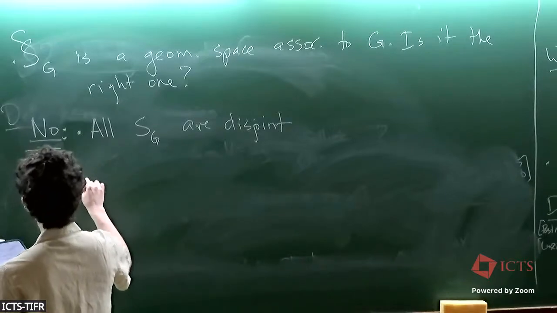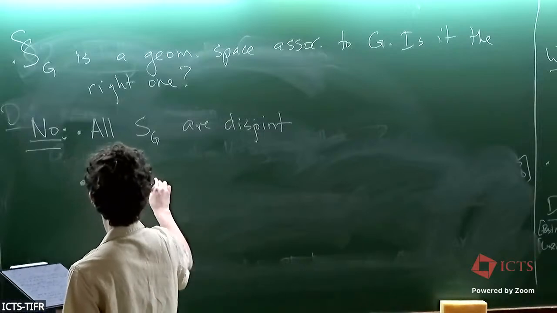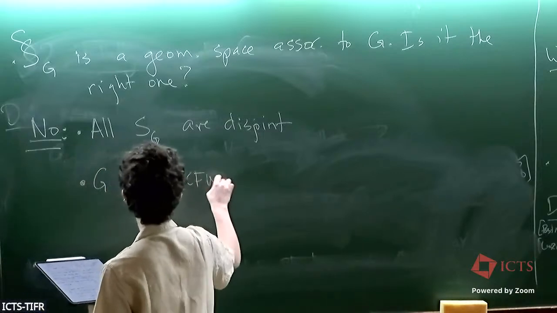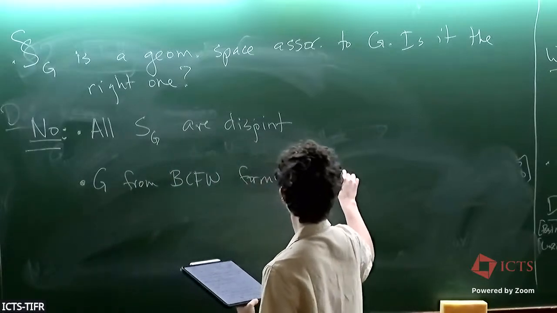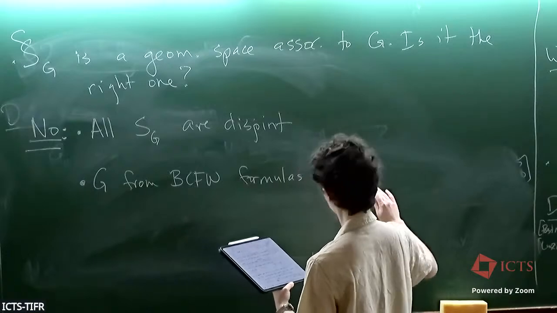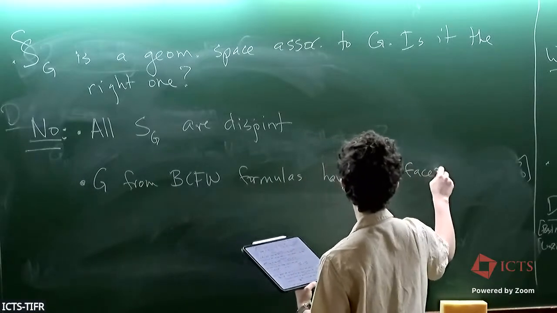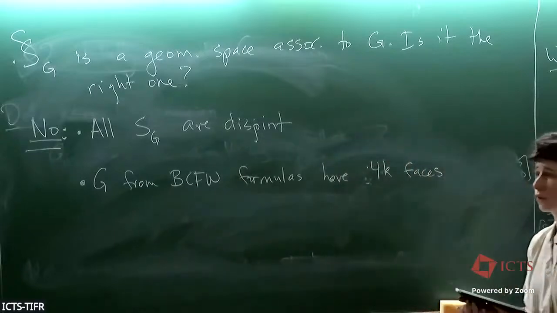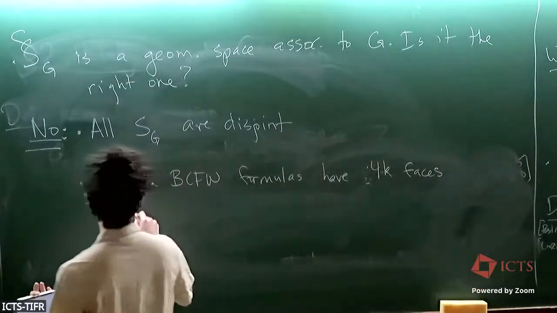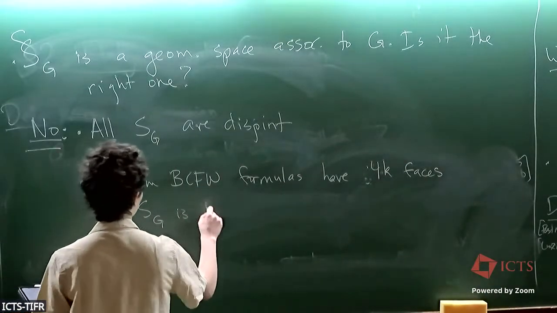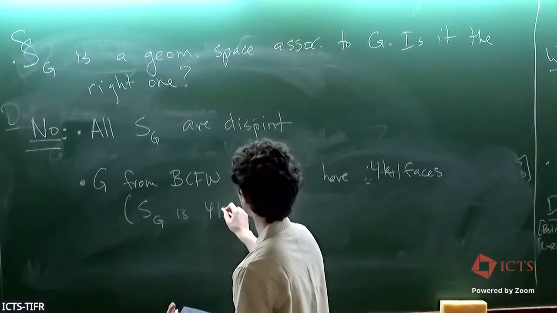Another issue is that the graphs that you get from the BCFW formulas always have 4K faces. Oh, I'm sorry, they have 4K plus 1 faces. So the cell S_G is 4K dimensional.